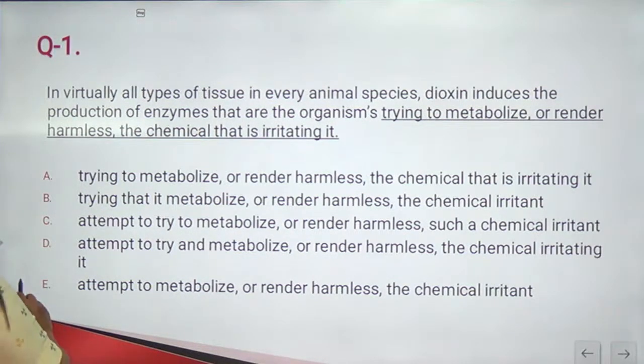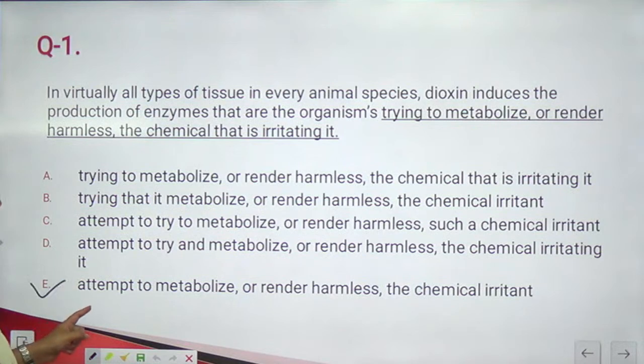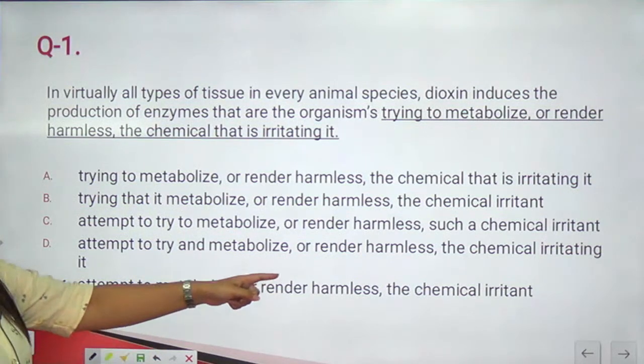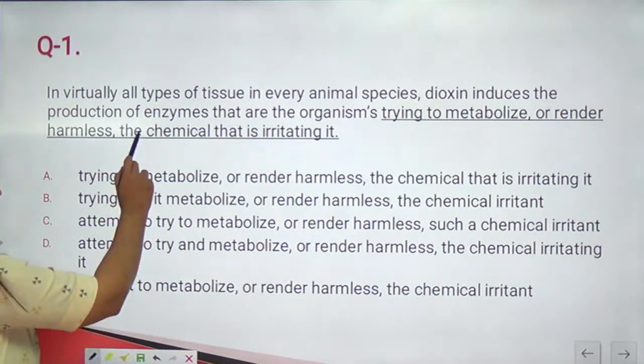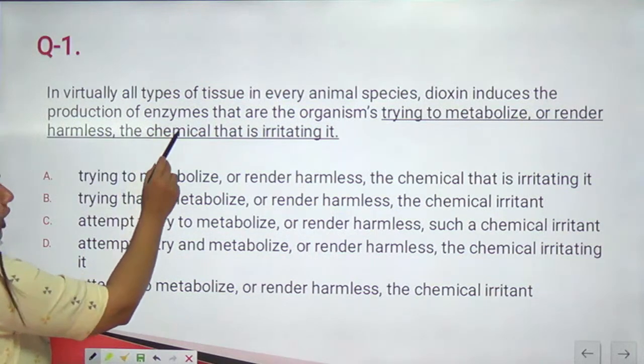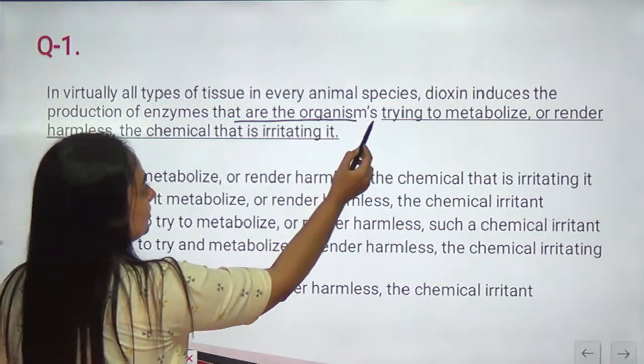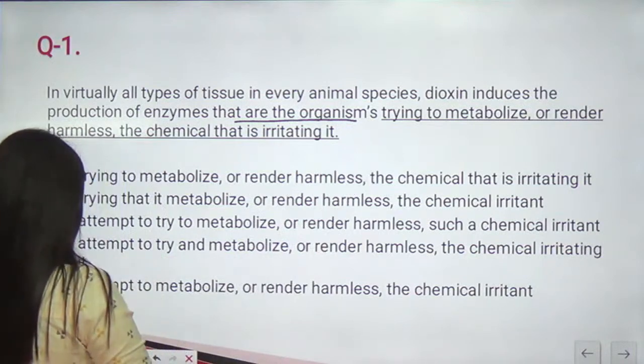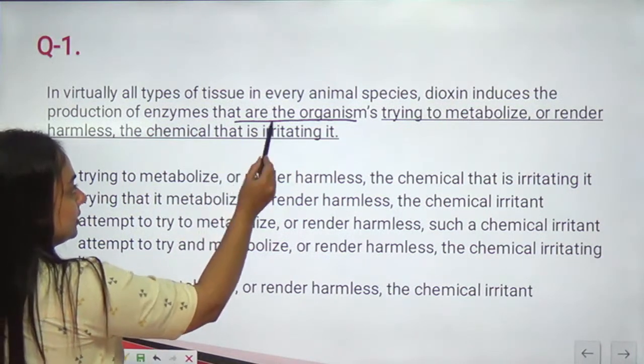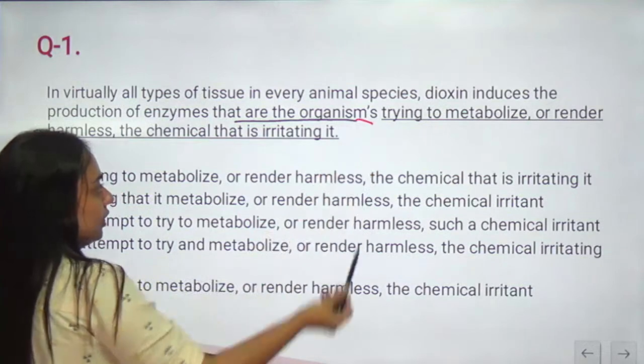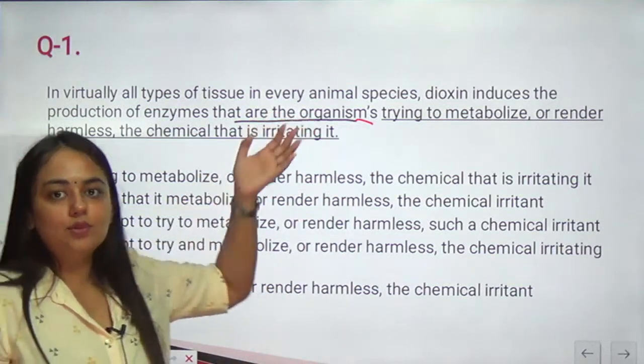So the answer to this one should be the fourth one. Let me explain why. Attempt to metabolize or render harmless the chemical irritant. What did we say here? Production of enzymes that are organisms. You have said organisms, then you've said organism's, with apostrophe S, which means you're talking about the organism's attempt.